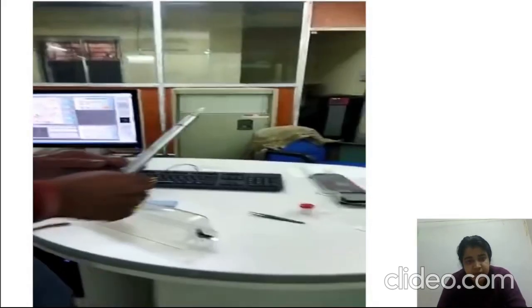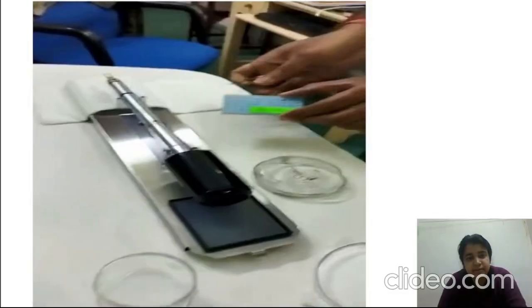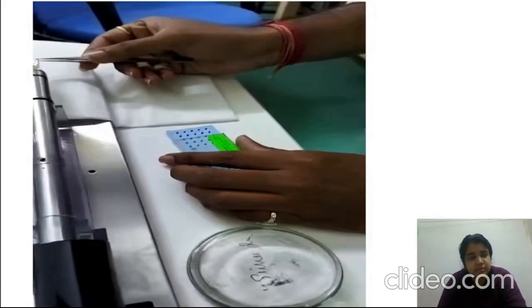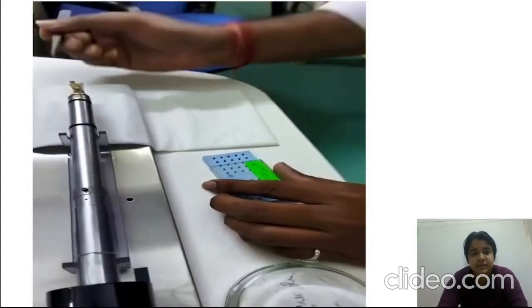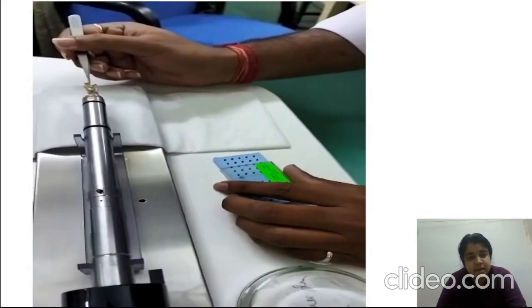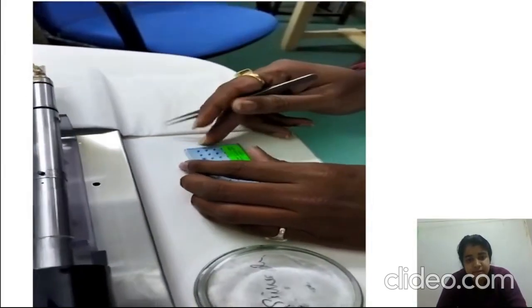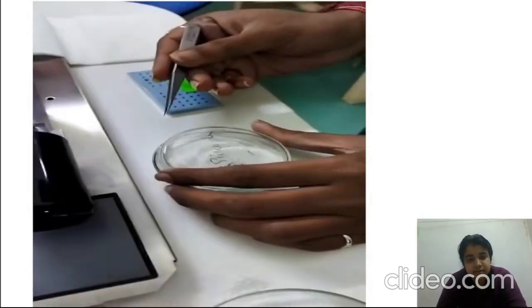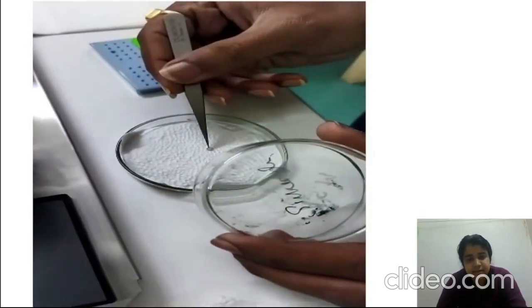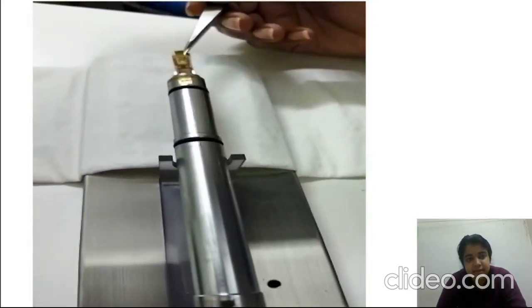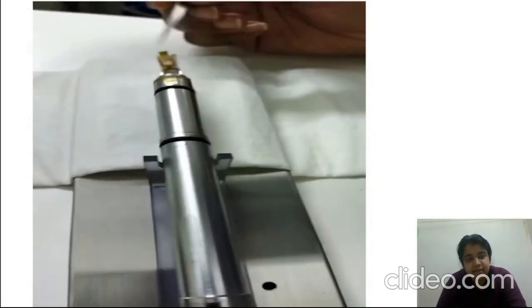Here we are showing the whole procedure of this TEM study. This is the sample holder, and on the sample holder we have to place the dried grid very carefully, to avoid any rupture of the grid.